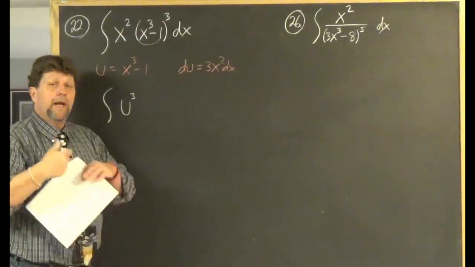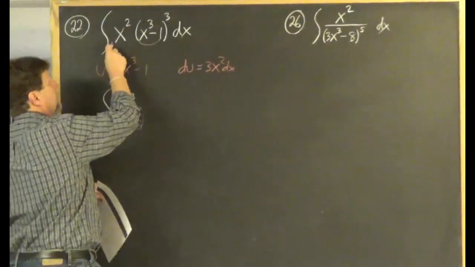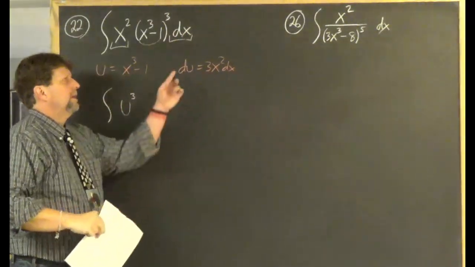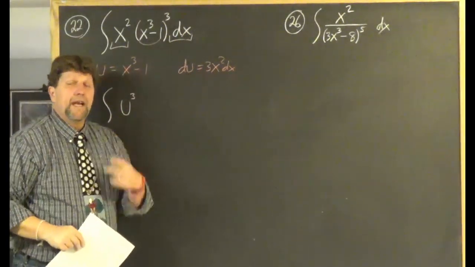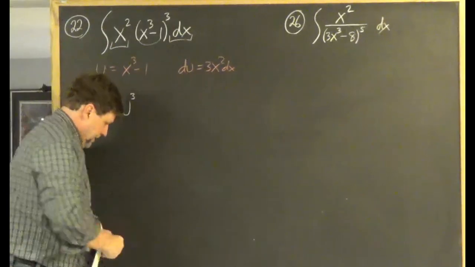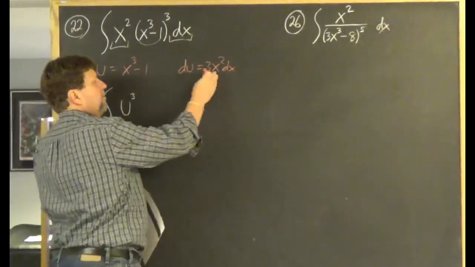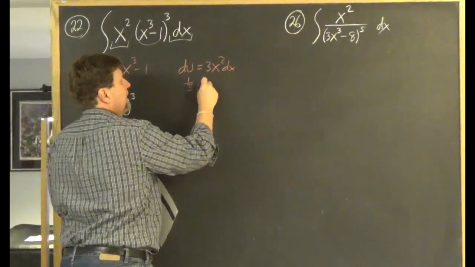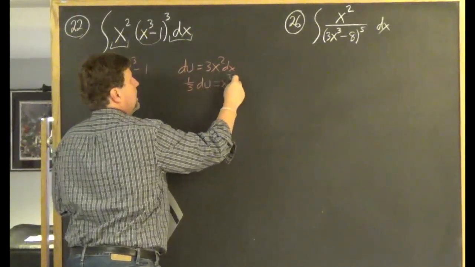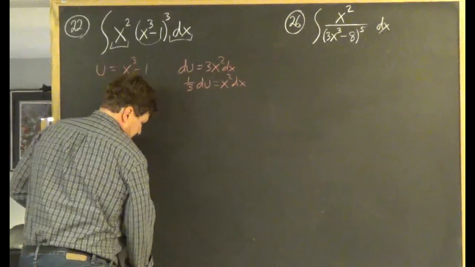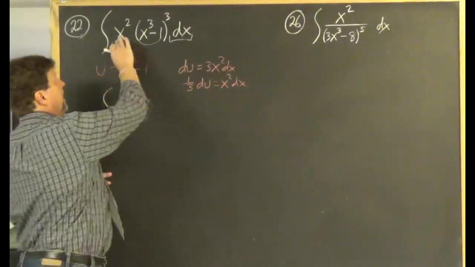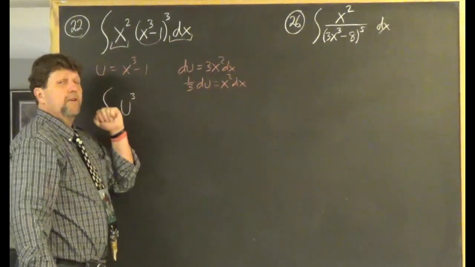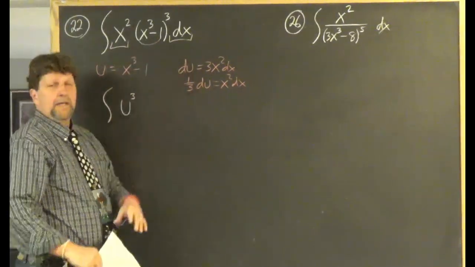And then when I look at what I have left over, I still have an x squared dx. du equals 3x squared dx. That means, dividing both sides by 3, a 1/3 du is x squared dx.